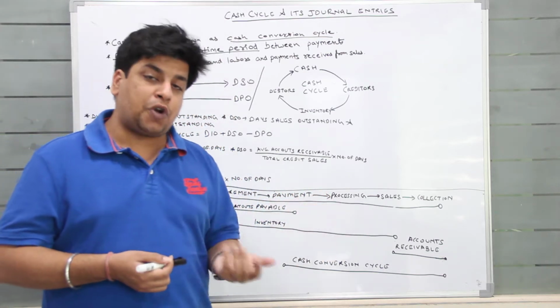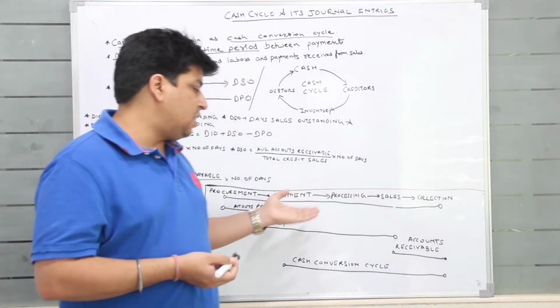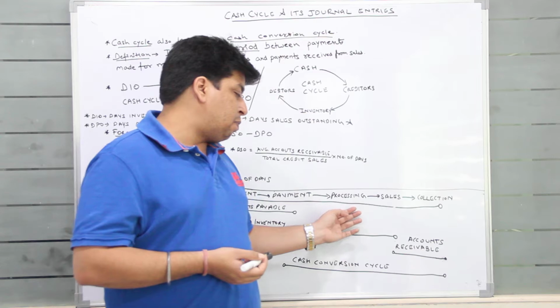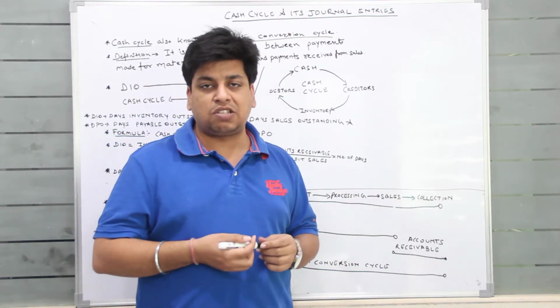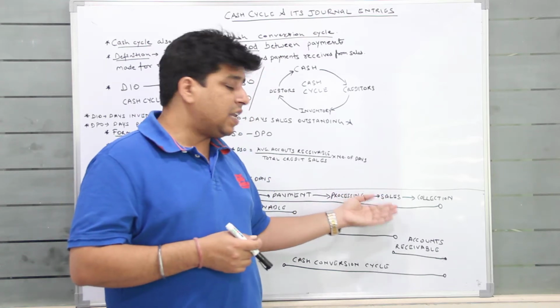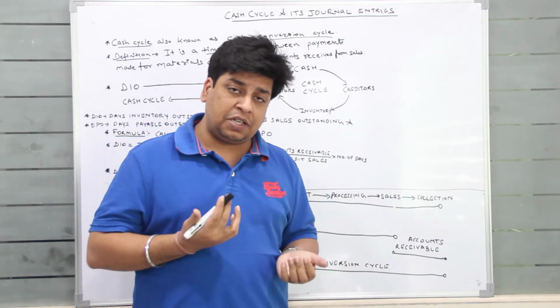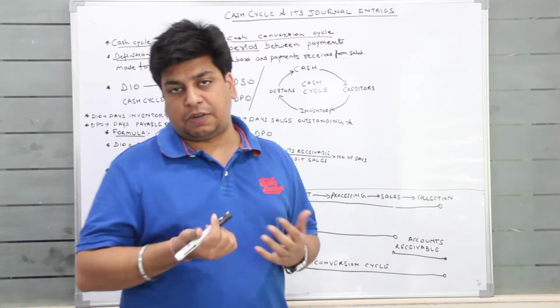and then we will send this raw materials into factory for processing to convert it into a finished goods, and then this finished good after processing via warehouse is going to be sold to our customers. Hence the next stage is sales. And sales is not happening in cash because the customers would be looking for some credit period.